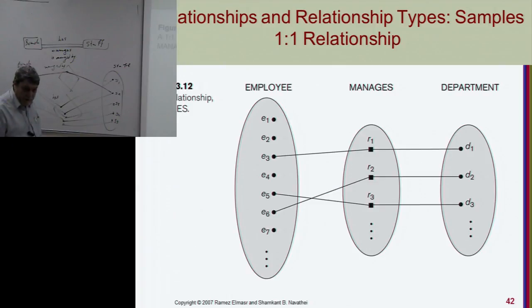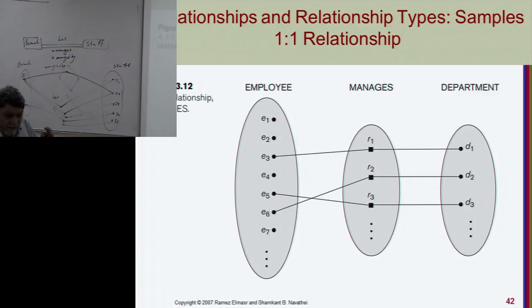It depends on the rules of this company, of this mini world. Sometimes they restrict that yes, he has to be one of these staff members. Sometimes not. I'll give you an example. Here in our college, sometimes who manages the department, the department chairman, does not belong to the same department. Might be coming from some other department. So he will work in that department, for example, IT, and manage the CS department.